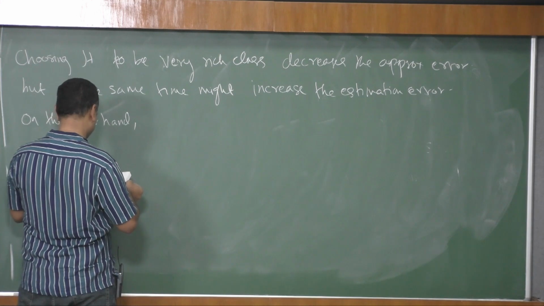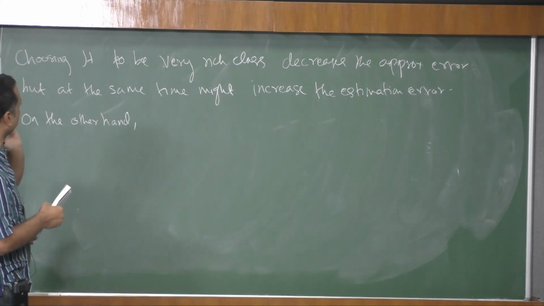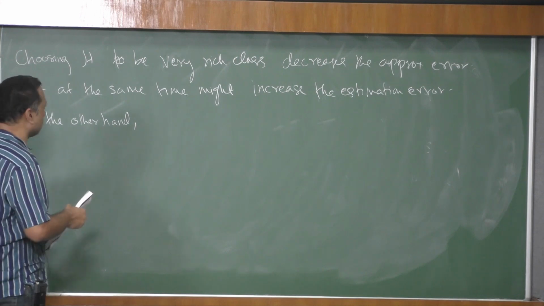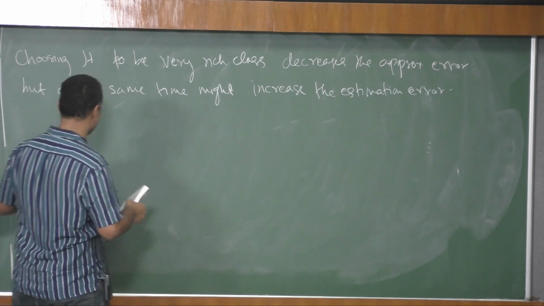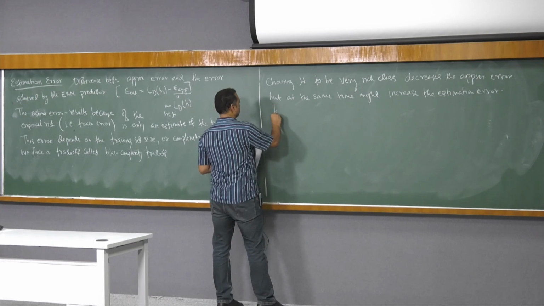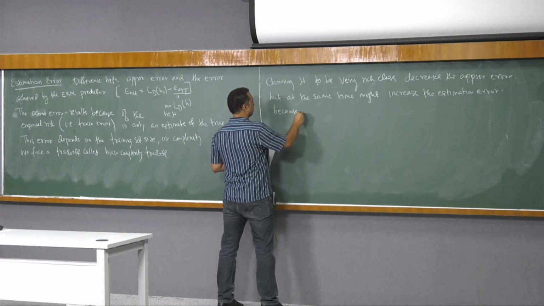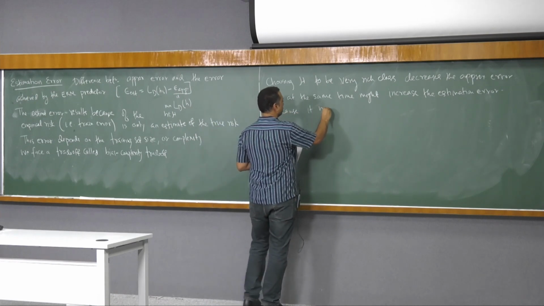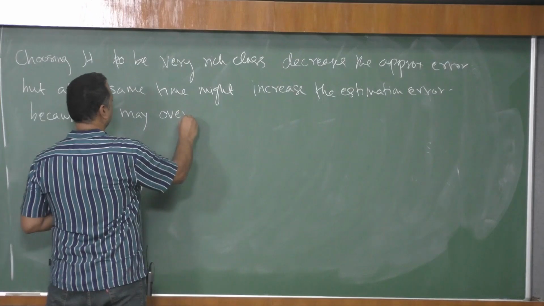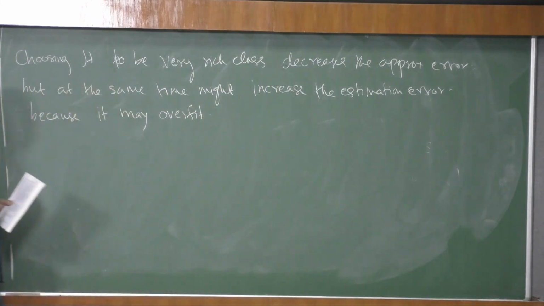Choosing H to be a very rich class decreases the approximation error, but at the same time might increase the estimation error because of overfitting. It may overfit, right? That we have seen several times in the previous classes.